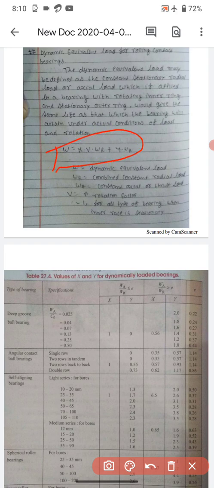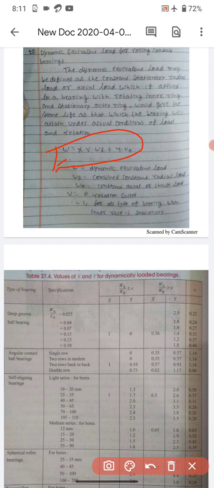Next, for the dynamic equivalent load of rolling contact bearing, W is equal to X into V into WR plus Y into WA. Static equivalent was W0R, and the dynamic equivalent is W equal to X V WR plus Y WA.